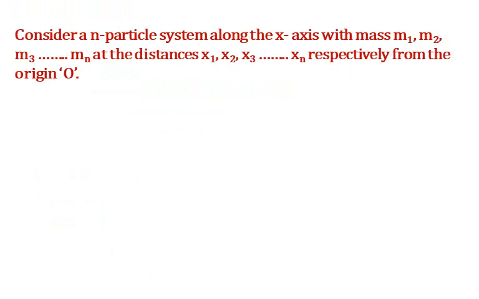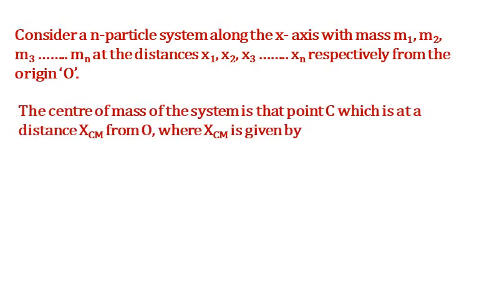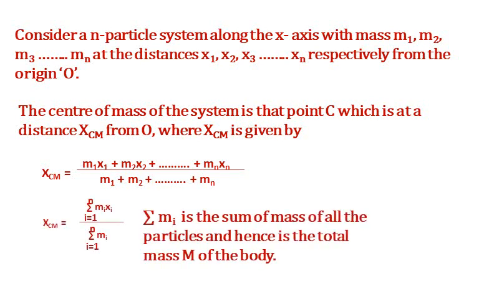So, if we generalize this for an n-particle system, the center of mass will be the sum of m1x1 up to mnxn divided by the total mass of the particles. In the form of summation, you can write the summation i = 1 to n of mixi divided by the summation of mi from i = 1 to n.